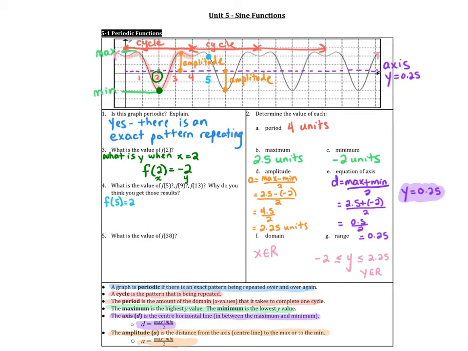So 9 is right here. So the y value when x is equal to 9, again, is 2. So f of 9 is equal to 2. Now, what is f of 13? So when x is 13, the point is here, and the y value, again, is 2.